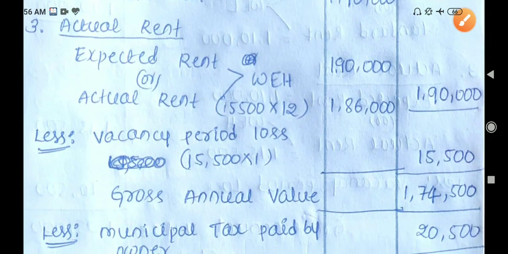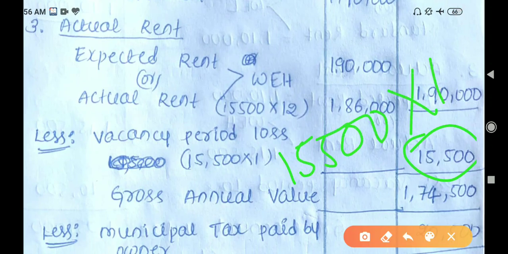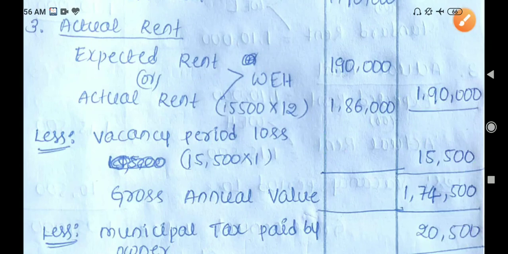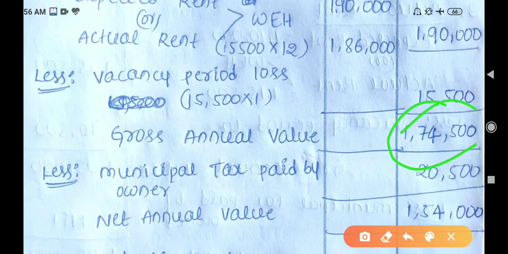Then vacancy period loss: you have to deduct vacancy period loss from actual rent. So vacancy period is 1 month, per month rent is 15,500, so the vacancy period loss will be 15,500 into 1 month. If you deduct that vacancy period loss from 1,90,000, you will get the gross annual value, that is 1,74,500.